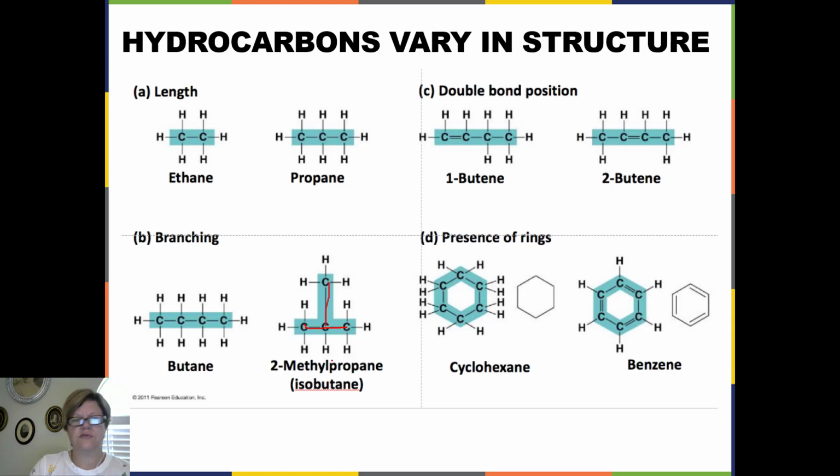All right, and there's no limit to how many branches there could be. This is a ring structure. And then as long as each carbon has 4 bonds and each hydrogen only has 1 bond, then it follows the rules. It's fine. There's a double bond here, carbon to carbon double bond. And then you fill in with the extra hydrogens.